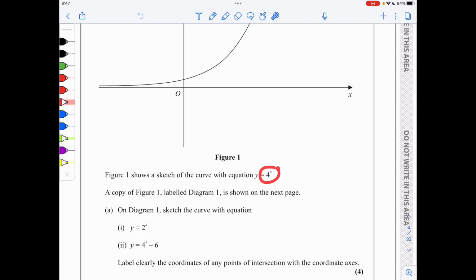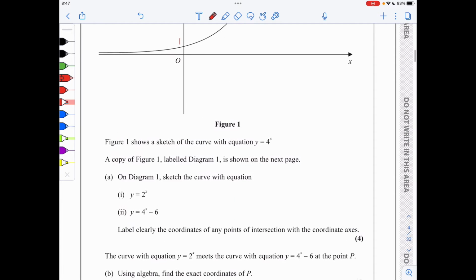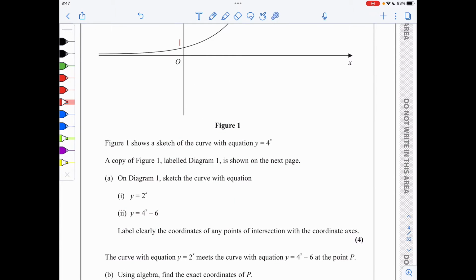However, it will be in a lower position than 4 to the x. They will still be cutting through the same place on the y-axis, that's 1.